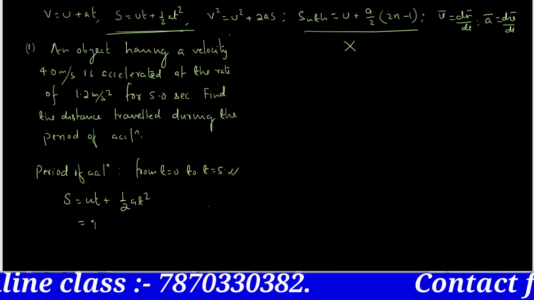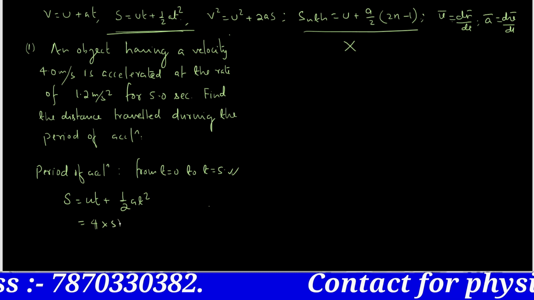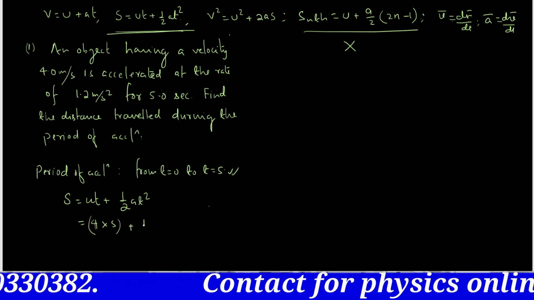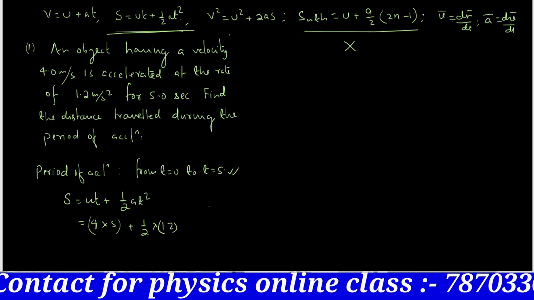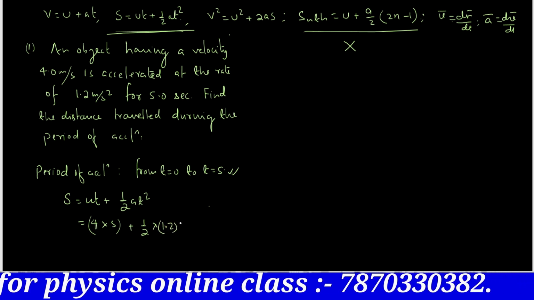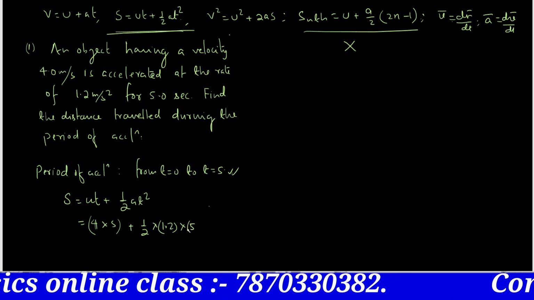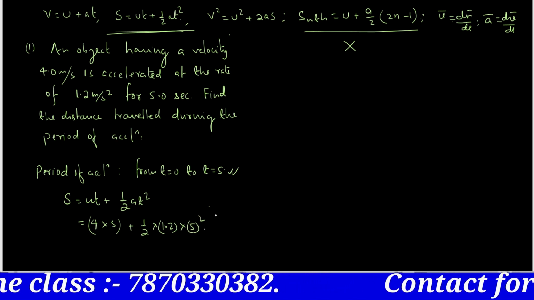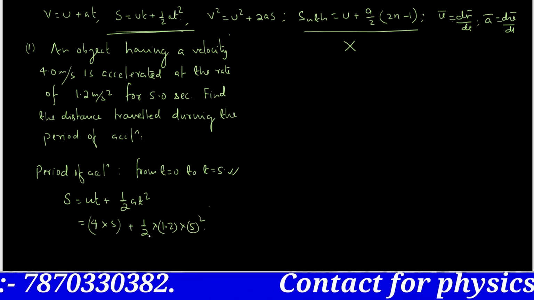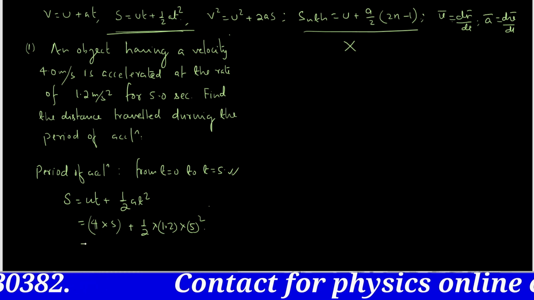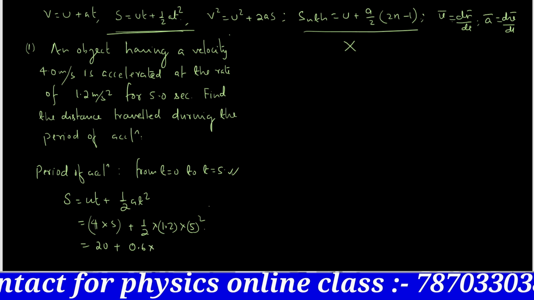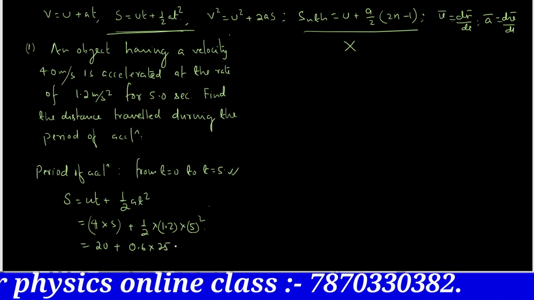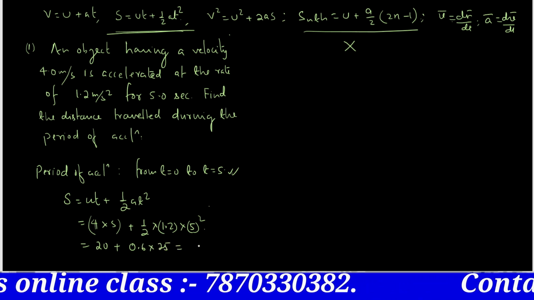u equals 4, t equals 5, plus half, a equals 1.2, and t is 5. I got 215 meters. I think 0.6 into 20. 5.4 meters is what is traveled in the fifth second.